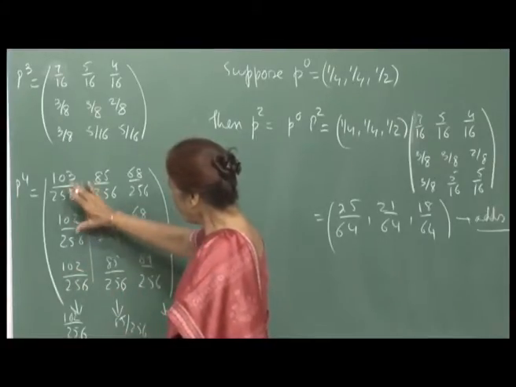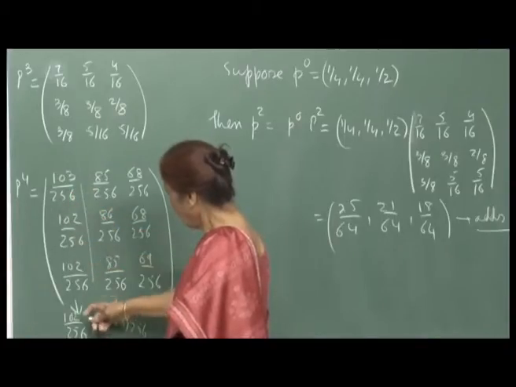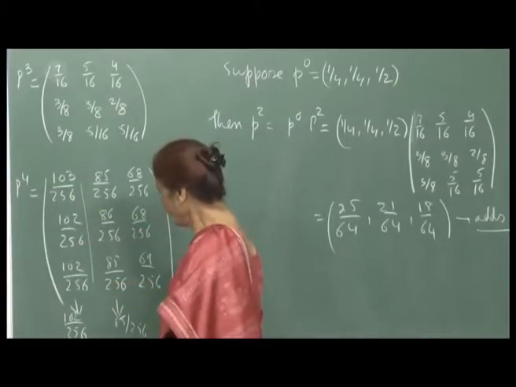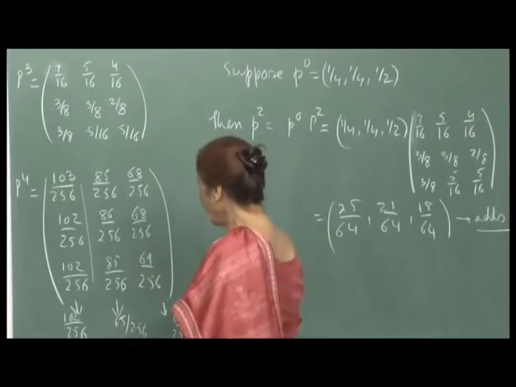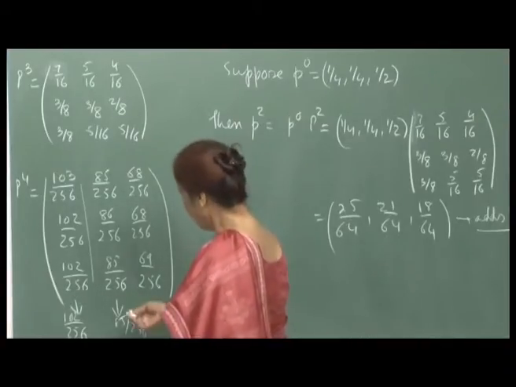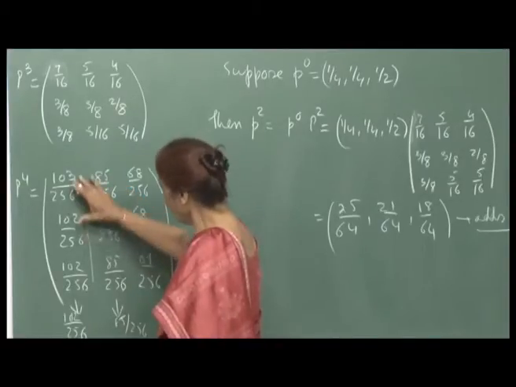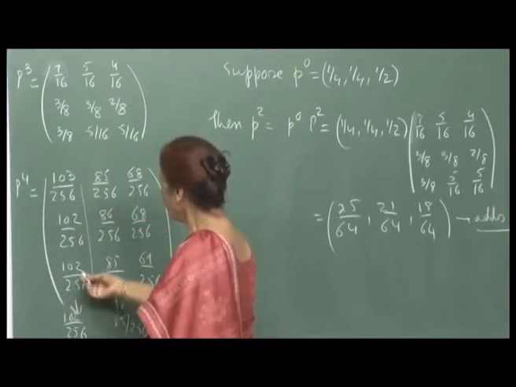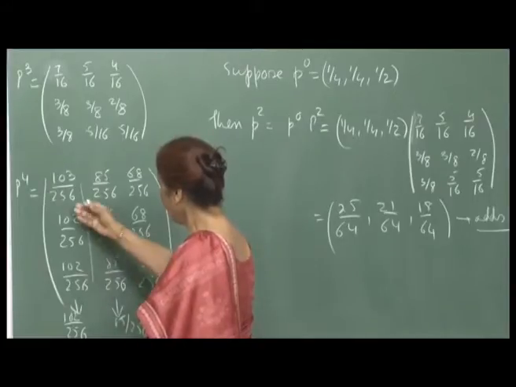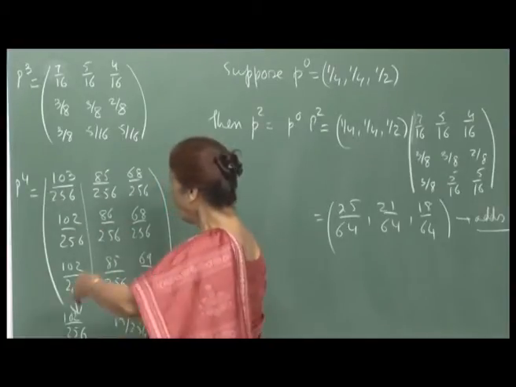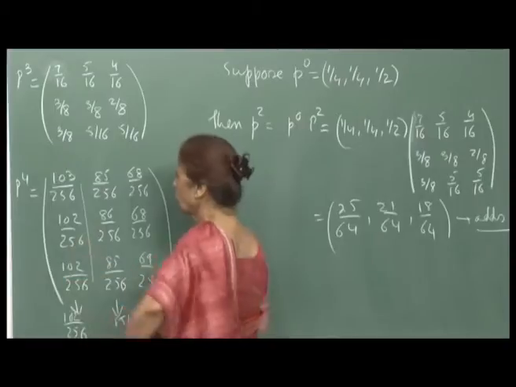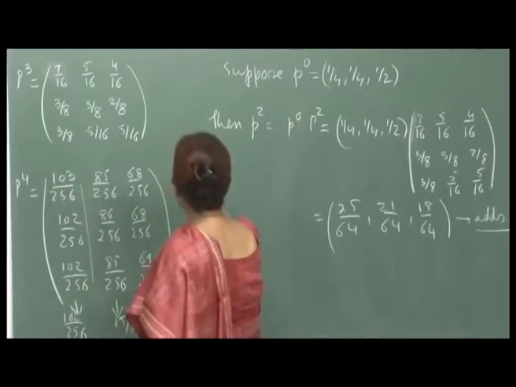So, the numbers are getting closer, and we can say that they are almost converging to 102 upon 256. You might say why not 103 or 102, but anyway one of these numbers. So, if you want to interpret these numbers, that means now the probability, say for example, what is this number?